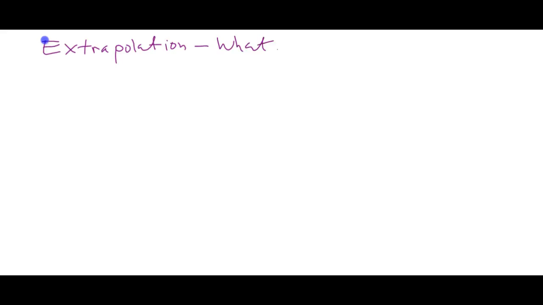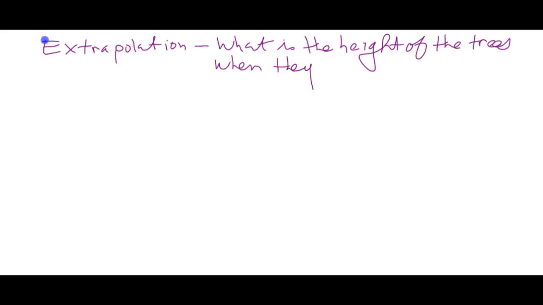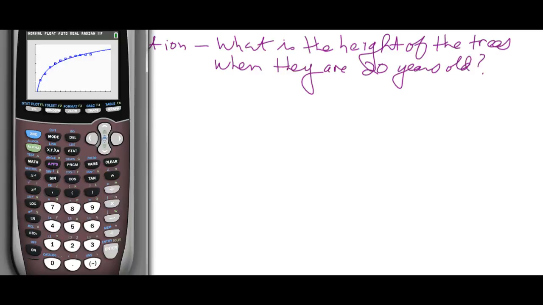What is the height of the trees when they are 20 years old? Okay, so what do we do here if I want to get height when they're 20 years old?